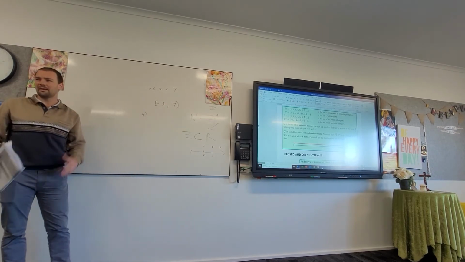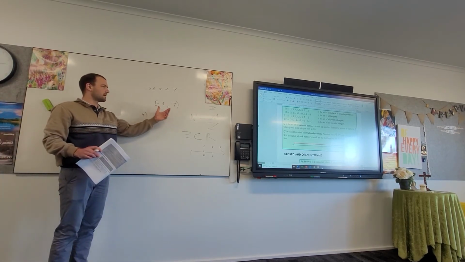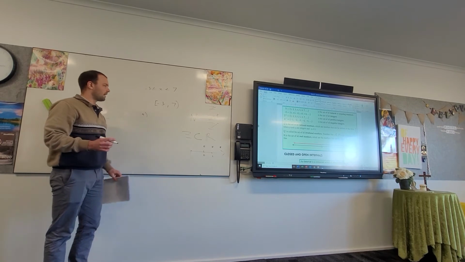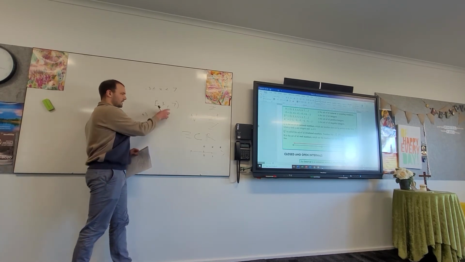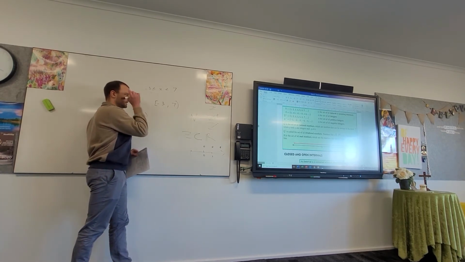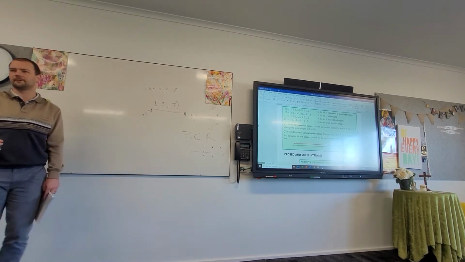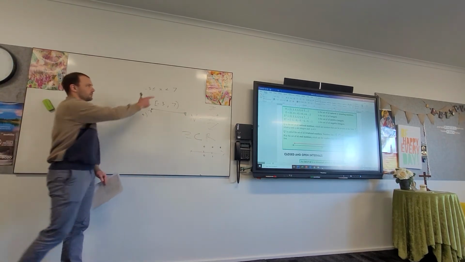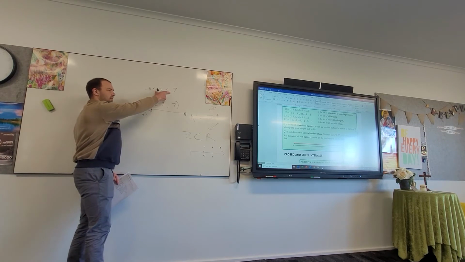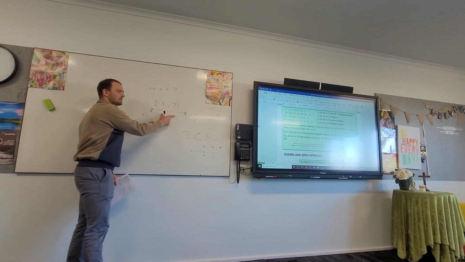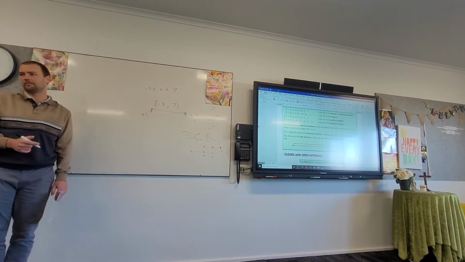Now, when it's described like this, if I'm saying -3 all the way up to 7, what that means is the default assumption is that it's all real numbers from -3 all the way to 7, but not including 7. So we can have it written like that. That's what we're familiar with. This is what we're learning today. And here's a way we could represent it on a number line.